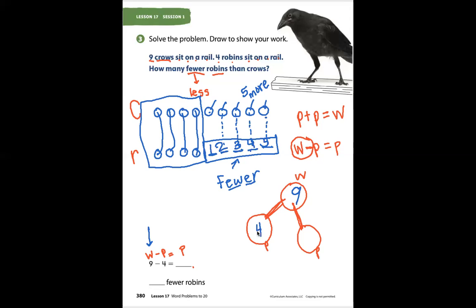We know we can count on from the part we know up to the whole, right? 4, 5, 6, 7, 8, 9. How many is that? 5. Did we get the same answer as we got up here? 5 fewer robins. Yep, we did. 5 fewer robins.